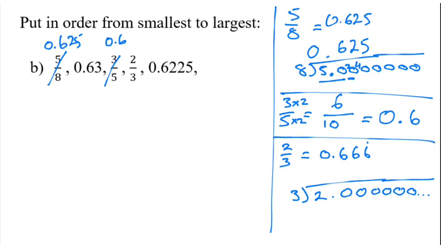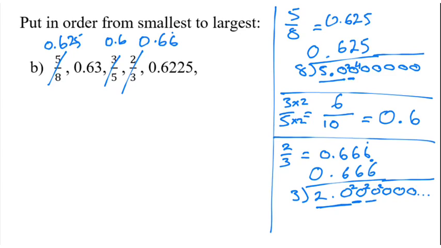So 3 goes into 2, can't do it, but 3 goes into 20, yep, 6 times, and 6 times 3 is 18, so that gives me a remainder of 2. Repeat that. How many 3s in 20? 6 times, remainder of 2. And so you can see now that this is going to continue on and give me a remainder of 2 each time. So I put my decimal point in there, and I'm going to put a dot above the 6 to say it keeps on going. So I'm going to rewrite that as 0.6 recurring.